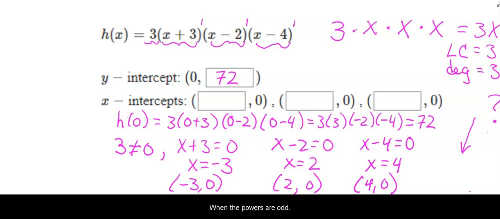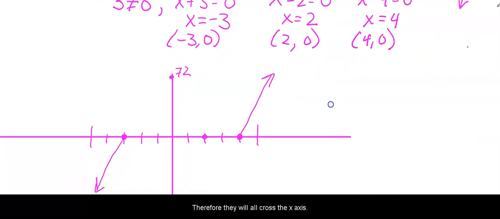When the powers are odd, it crosses the line. When the power on that factor is even, it bounces off and stays on the same side of the axis. In this case, all three powers on the three factors that led to the x-intercepts are all odd. Therefore, they will all cross the x-axis.